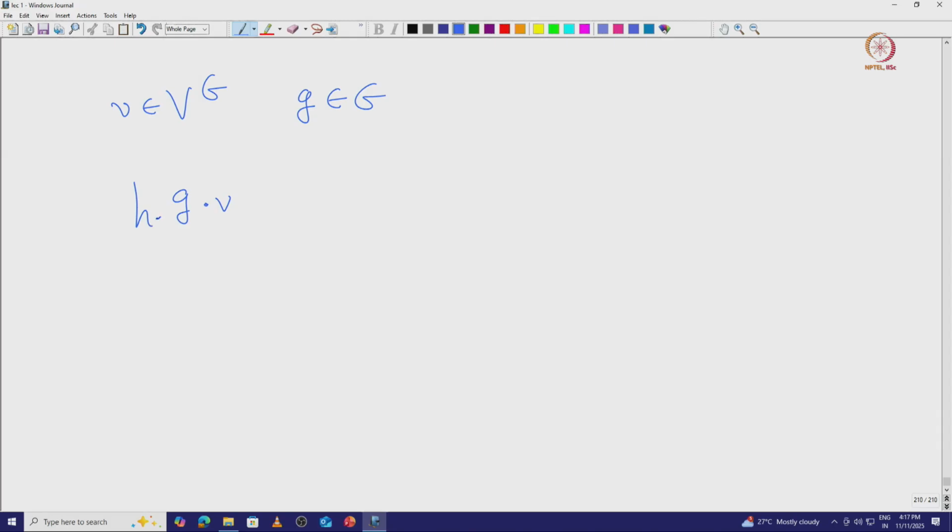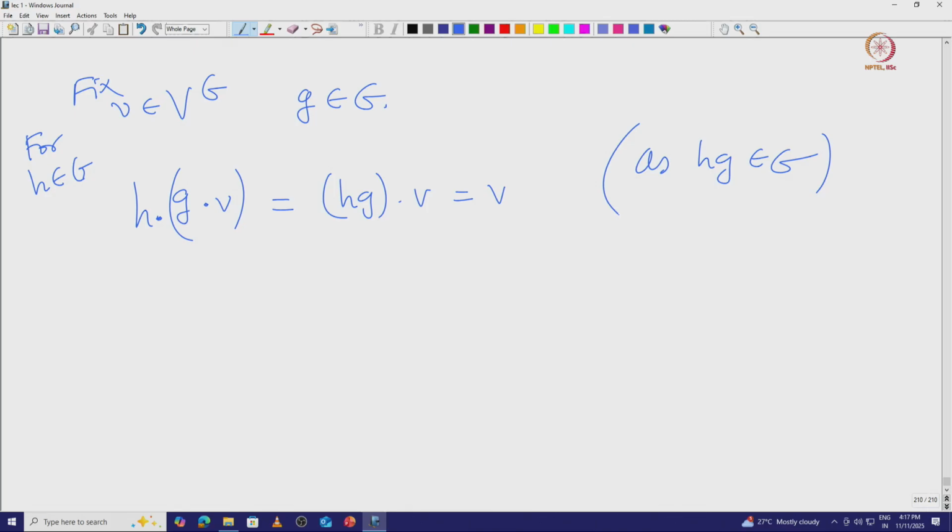So, let us take some group element H in G and apply this H on G dot V. Then you can see that this is exactly H G dot V, which is exactly V, as H G again belongs to G. So, that implies that H dot G dot V is V for all H in G, and that implies that G dot V is again an element of Vg. So, this proves that Vg is indeed a sub representation.